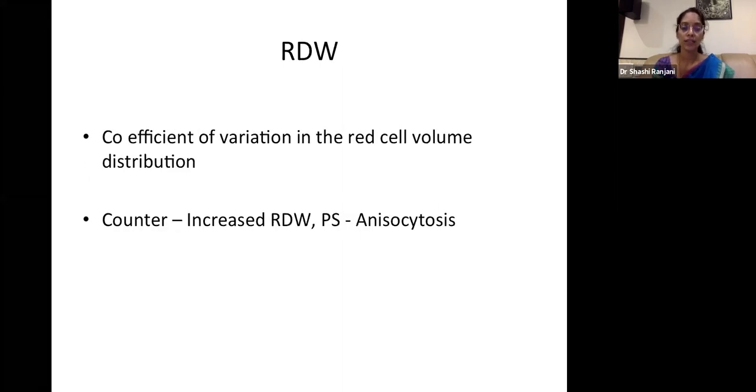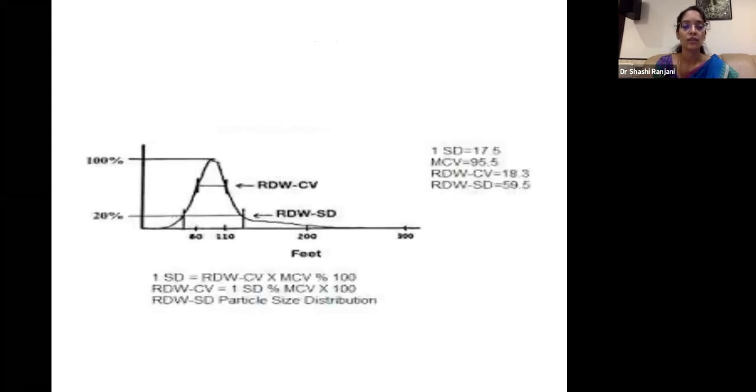And also a word about RDW. Like I said, it is the coefficient of variation in the red cell volume distribution. So what we see as anisocytosis in the peripheral smear is seen as increased RDW in the Coulter counter. So there are two types of RDW. This is one of the questions that people usually ask. Any report that you see, there are two types of RDW.